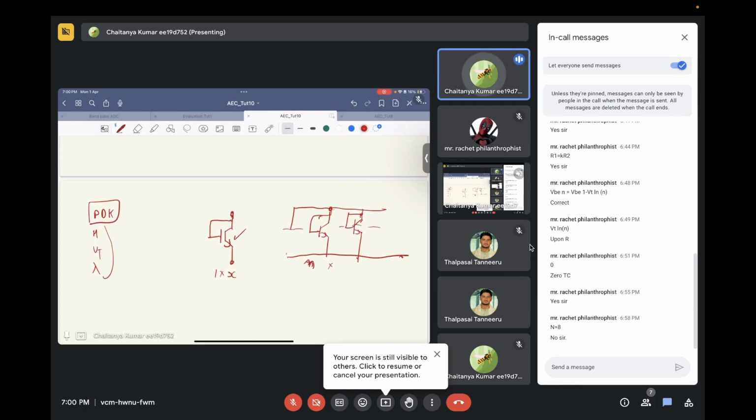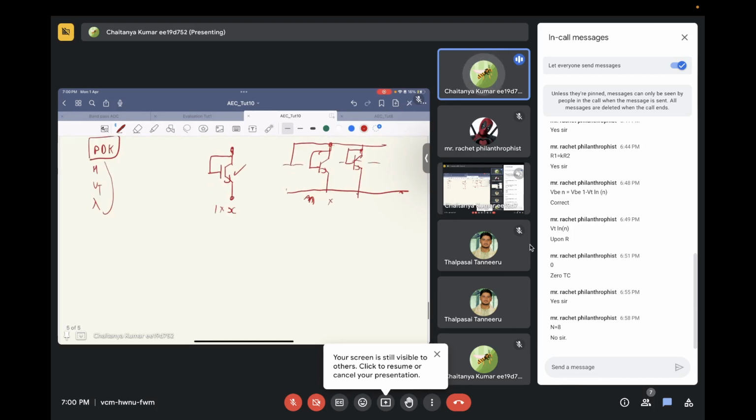Layout is basically the representation in the fashion how it will actually look on silicon. You know how integrated circuits are made, right? They are planar circuits. You understand this?